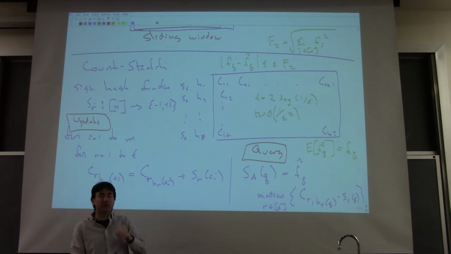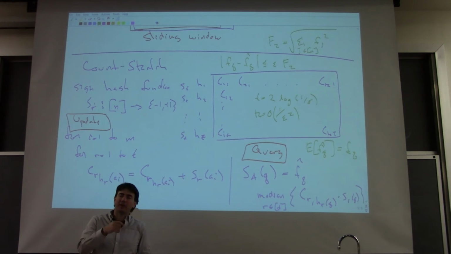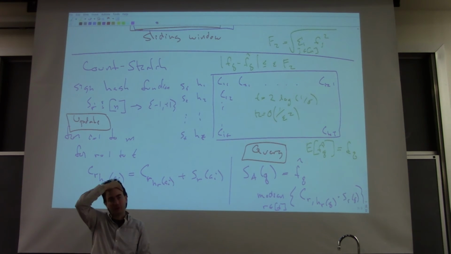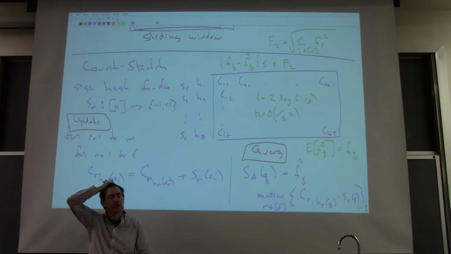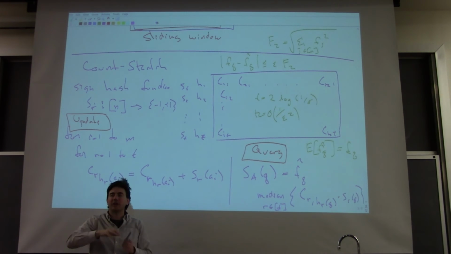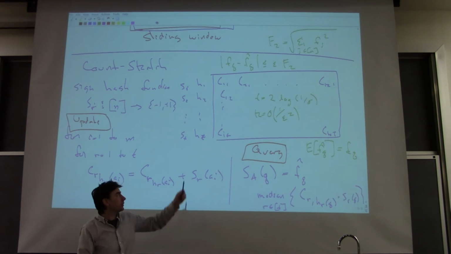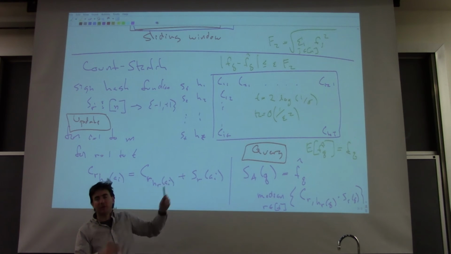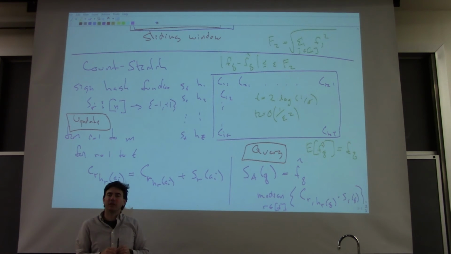And if the distribution is very skewed, and as we'll talk about these light and heavy tail distributions later in class, then if it has a heavy tail, this is going to work much better. If all of the mass is in one item, then they're going to work about the same.